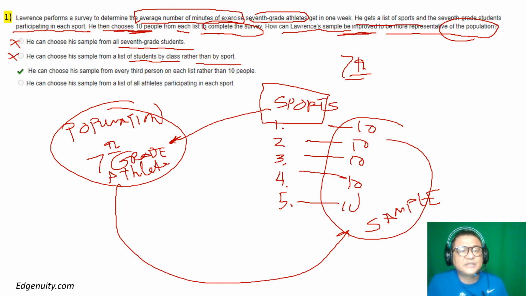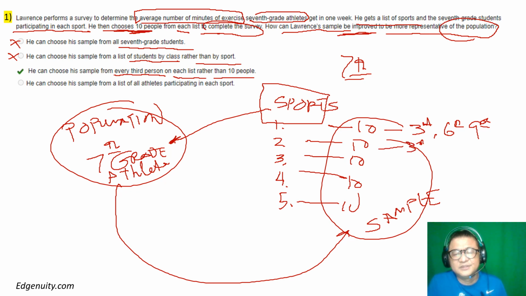He can choose his sample from every third person on each list rather than 10 people. Every third person: the third, the sixth, and the ninth person, rather than selecting 10.